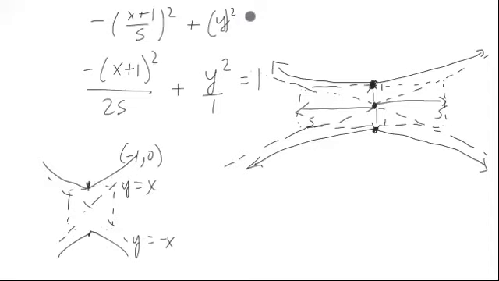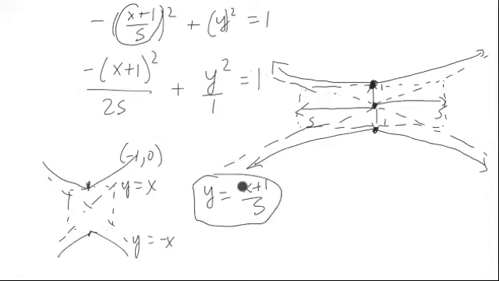Notice that in this particular case, we could basically just do our replacements. Notice how x is replaced with this. So we could say y is equal to x plus 1 over 5. Hey, that's the equation of one of these lines. And it's the one with positive slope even.